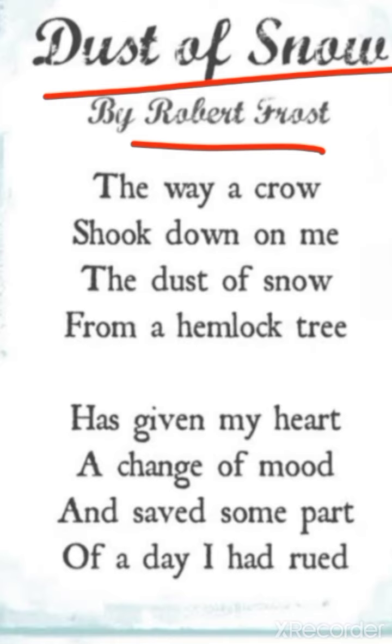When the same line is continued in the next line without any full stop or comma. There is no full stop or comma in the entire poem: the way a crow shook down on me, the dust of snow from a hemlock tree. The same line is continued throughout the poem. So here two literary devices, imagery and enjambment, are used in the entire poem.